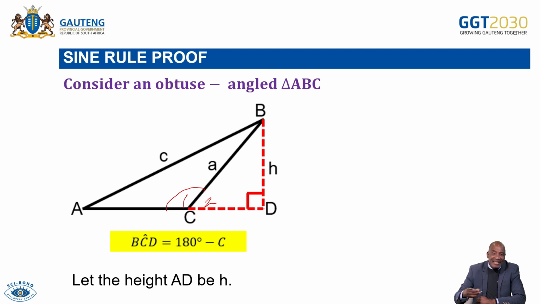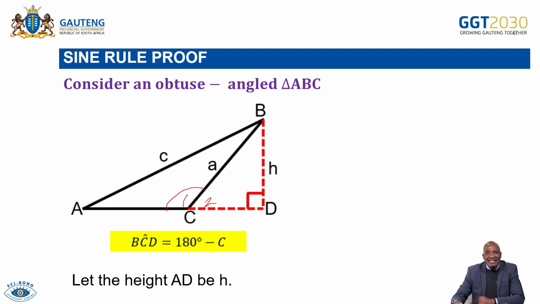That's what you see there in broken lines, red lines. Our height BD is in broken line and is outside the triangle. Not all triangles, depending on the base that you choose, will have their heights inside the triangle. If I choose AC to be the base, then definitely our height is going to be BD, that perpendicular height outside the triangle.